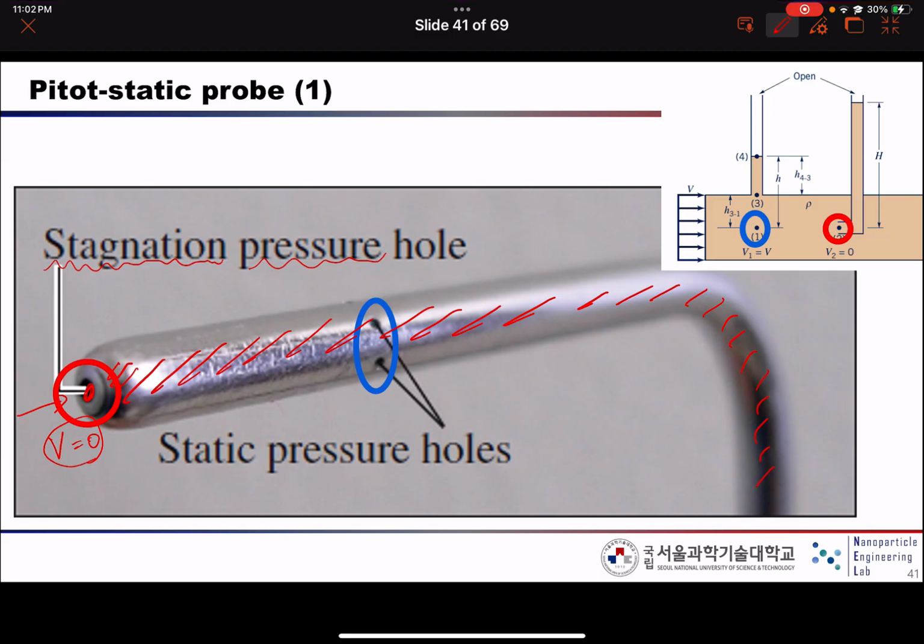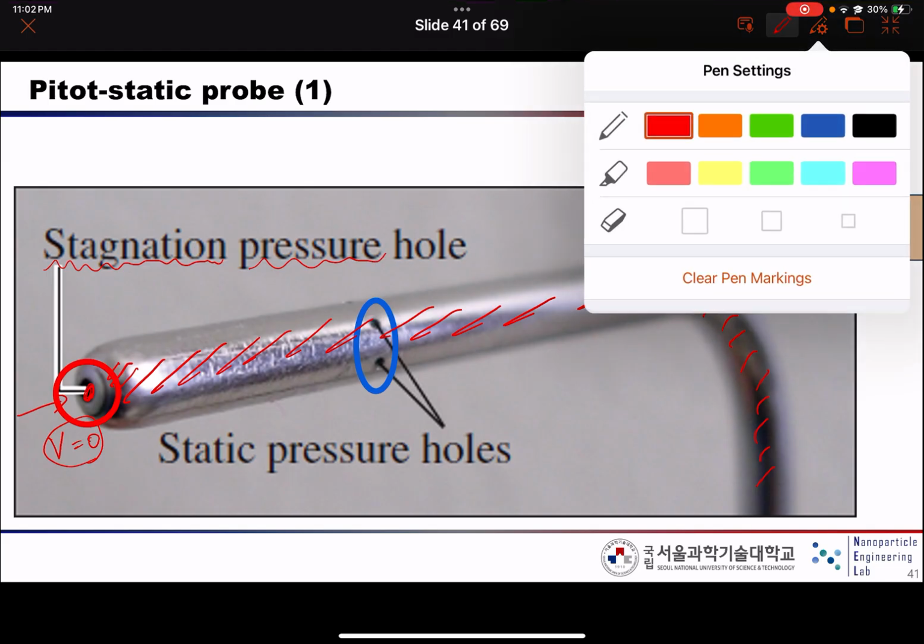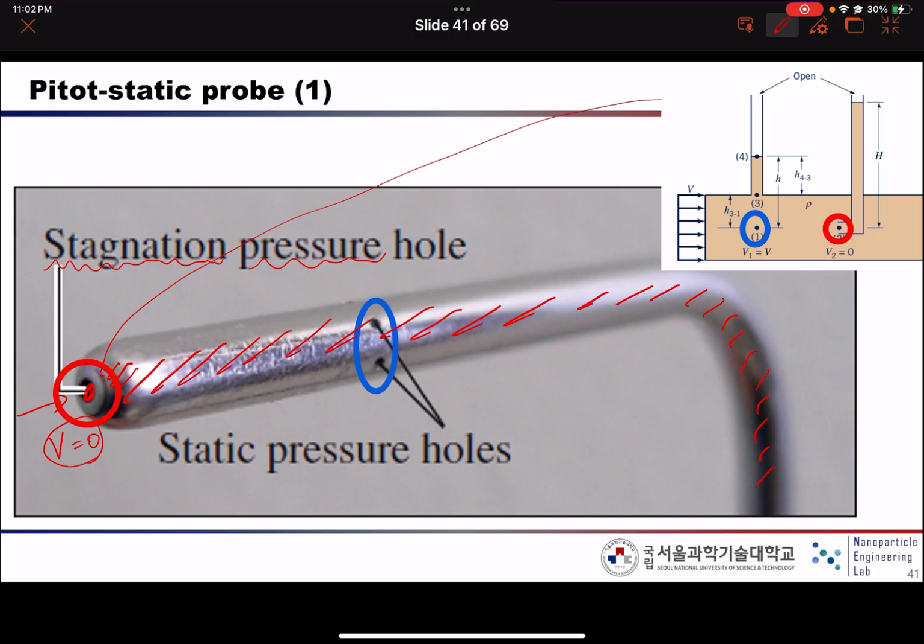This one represents this red color. And how about this point? This point is measuring the static pressure.